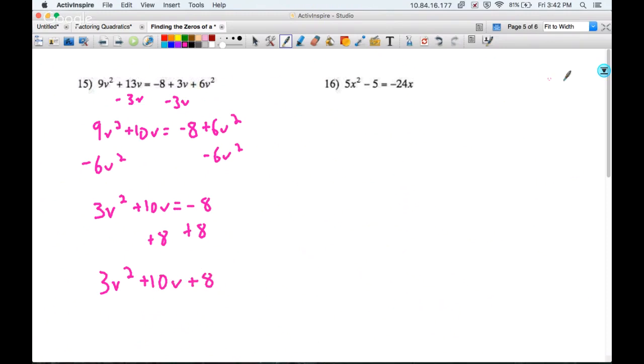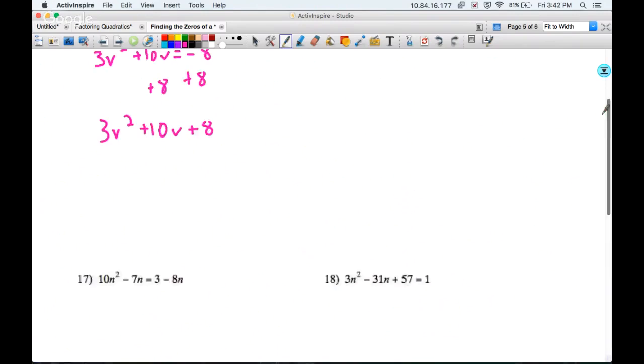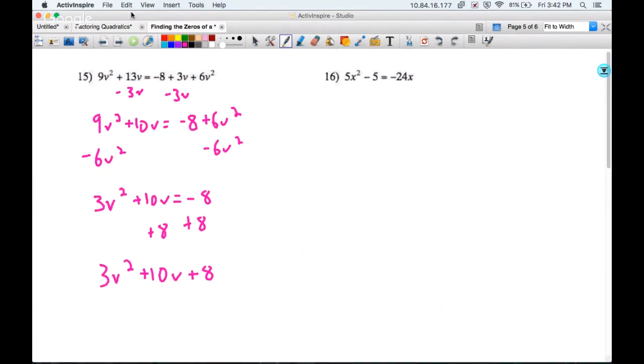All right, I'm looking to split that 10 into two values. Those values need, we'll call them D and E. They should multiply to equal 3 times 8. They should add to equal 10. 3 times 8 is 24.